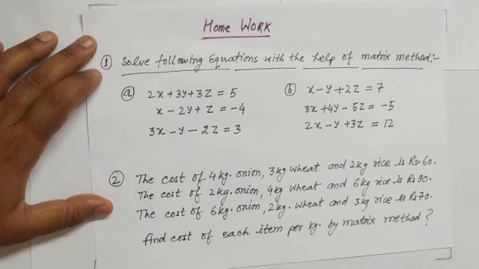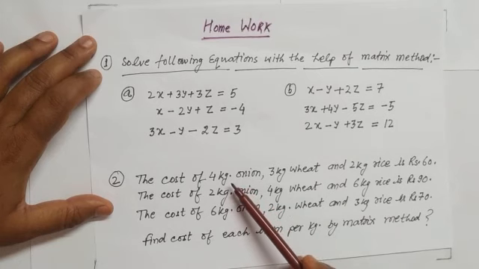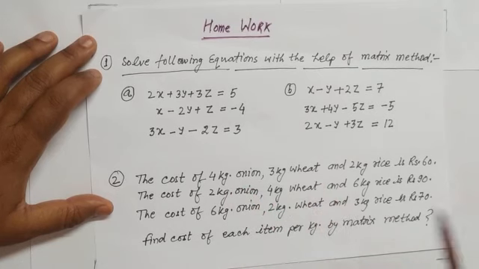In that case, you have to take the cost per kilogram of these articles: for example, per kilogram onion x rupees, wheat y rupees, rice z rupees. Similarly, you will form the equations, and after that, you will see the matrix method is very useful to solve this type of question.